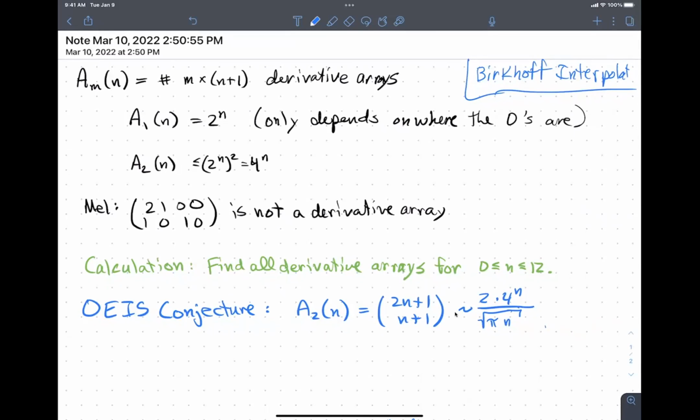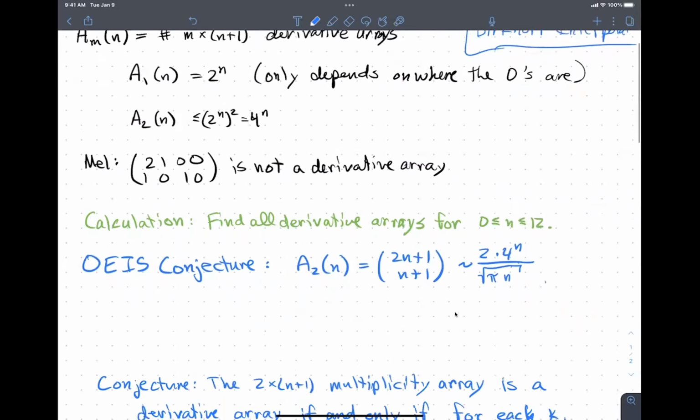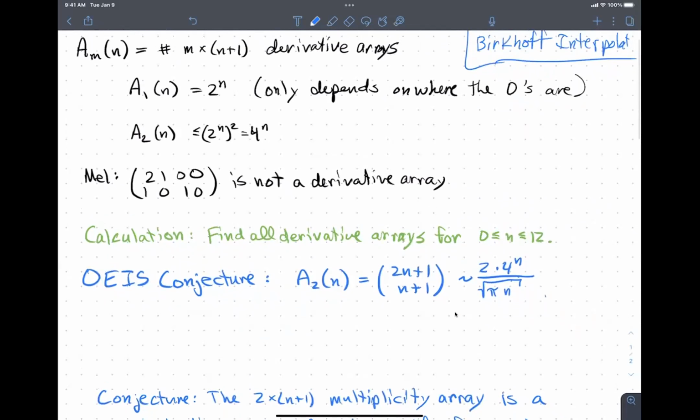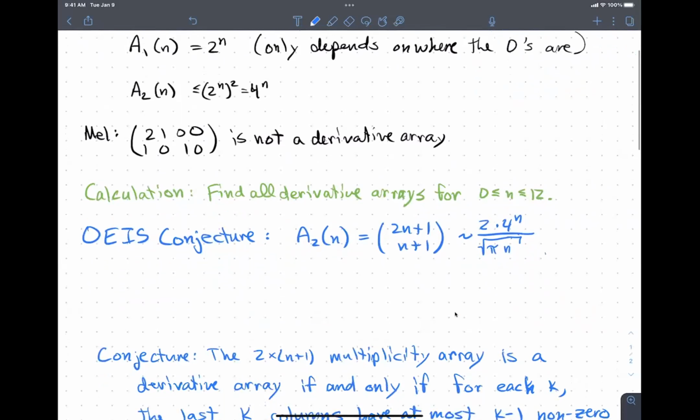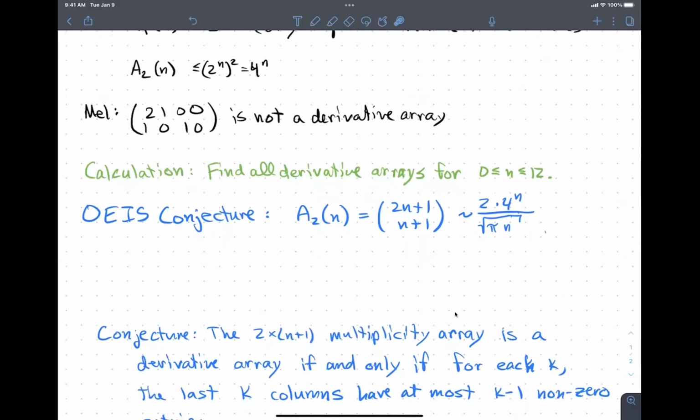So 2 to the n, straight counting. And then it's just a computational problem, right? For 2 by n plus 1, there's only so many possibilities. And just grinding through it all for small n's led to this formula.